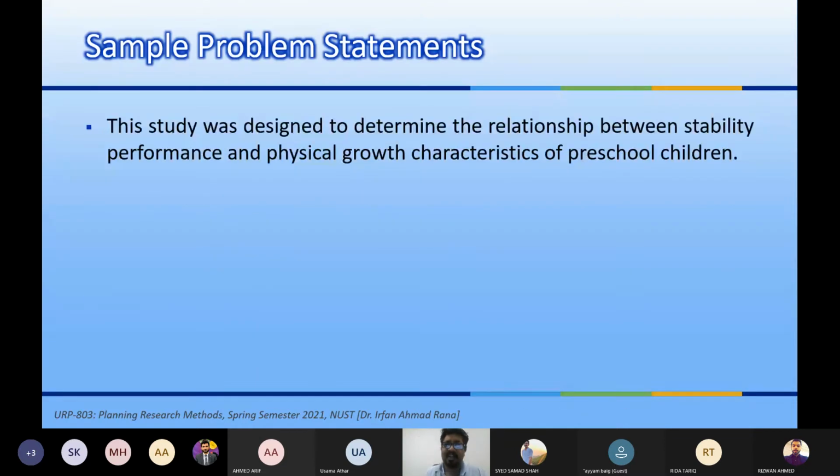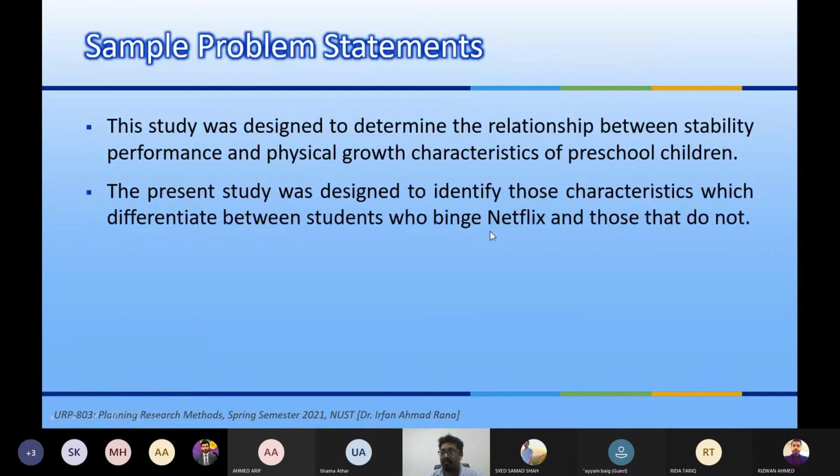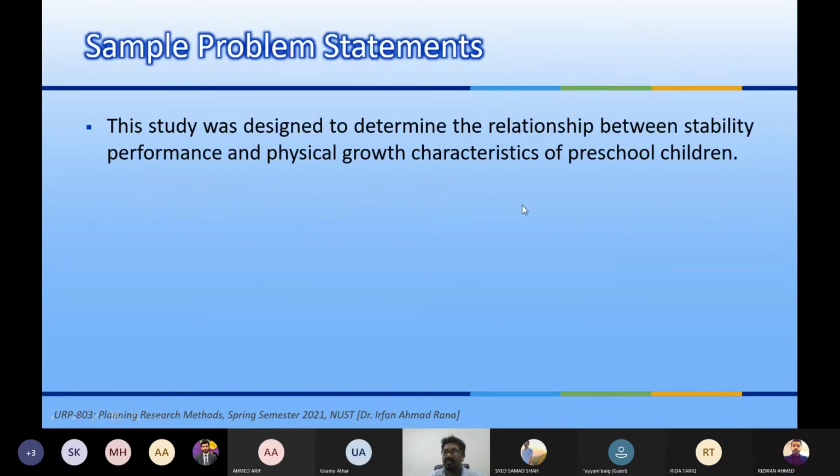Some samples are like this: this study was designed to determine the relationship between stability, performance, and physical growth characteristics of preschool and school children. So the problem was that there are some issues with the stability and performance of the students. They want to focus on children, assess a relationship, and establish linkages between these.